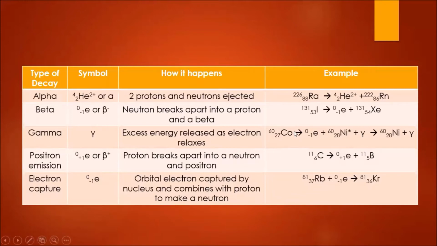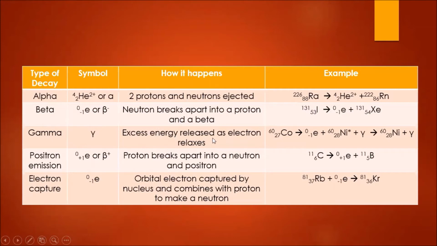And that's going to cause a change in atomic number without a change in atomic mass. So a beta particle moves us one to the right. So iodine, when it kicks out an electron, goes to xenon, a noble gas, while having the same mass number, 131. A gamma is just excess energy.